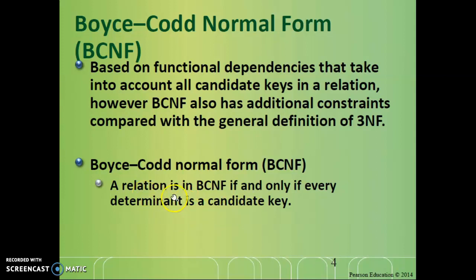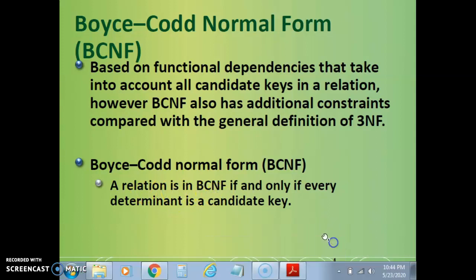A relation, a table, is in BCNF if and only if every determinant, meaning the left attribute in the functional dependency, is a candidate key. I told you now about candidate key. Every determinant is a candidate key.